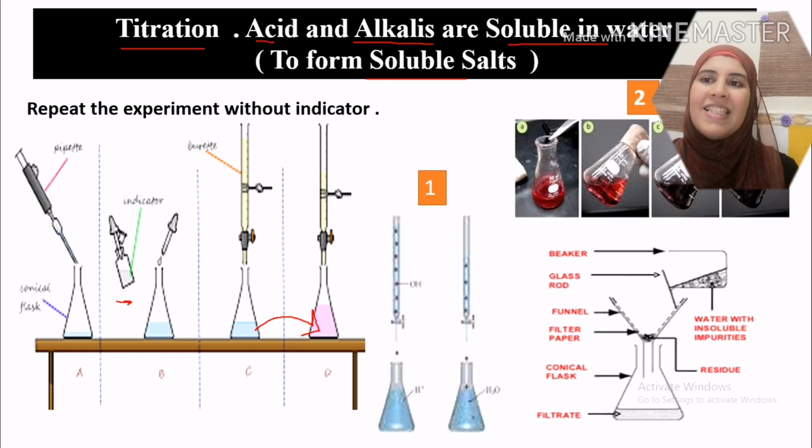For example, if I added in the first experiment 10 centimeter cubic, I will repeat the experiment in the same steps without indicator by adding 10 centimeter cubic of base. It's okay? We have another way of separating our salt.